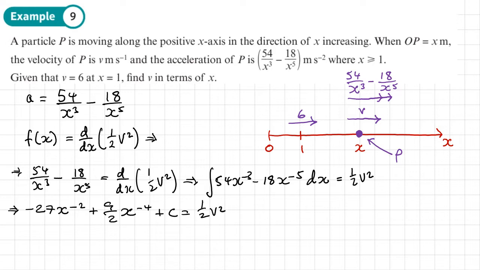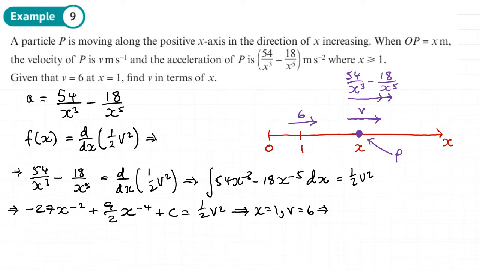Now, how do we find our constant of integration? As usual, we put in the conditions we're given, that when x is 1, v is equal to 0. Those are going to get substituted in. I'm going to write these with the things at the bottom, it's just easier to work out than negative powers.